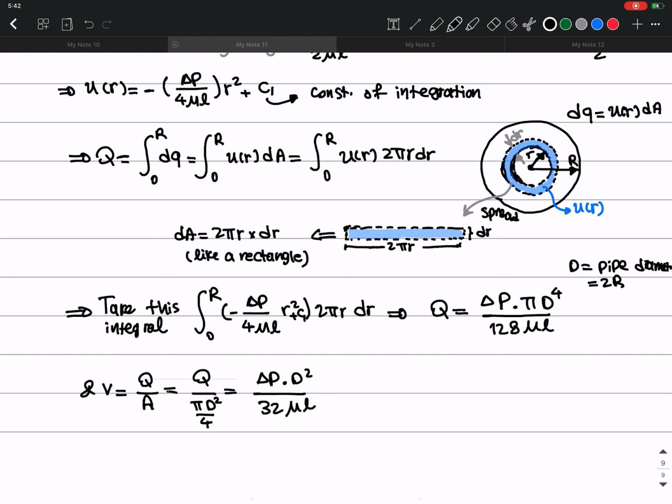Okay. So interestingly, you get that delta p over l is 32 mu V over D squared. What does this remind you?